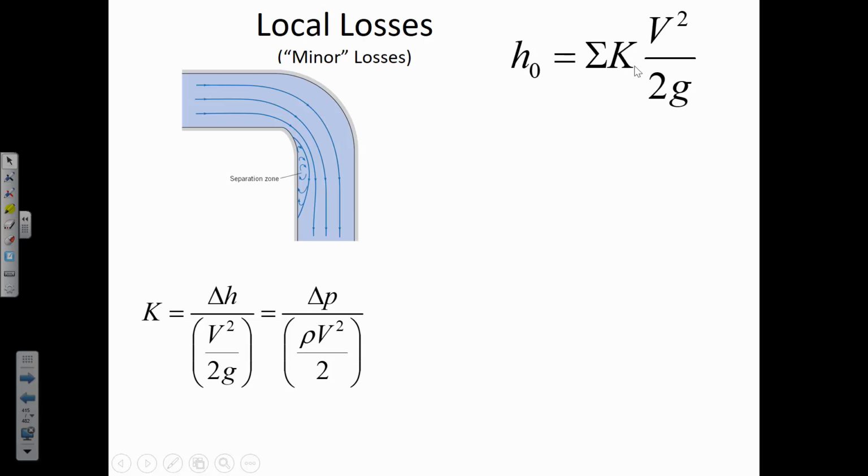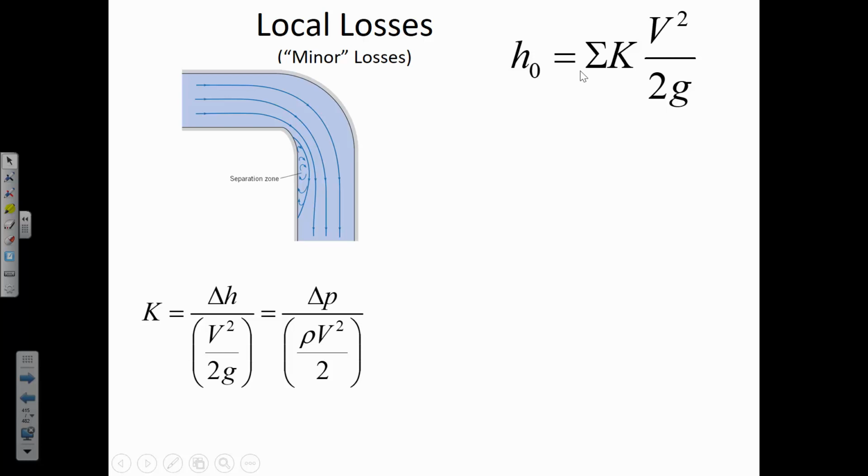Now, the way that you would apply a given K value to find the local losses is multiplying it by the velocity head. Now this summation is just saying that if you have a pipe network with lots of different fittings, you don't have to find the head loss of each one of them individually, but rather as long as each one of them has the same velocity, you just add up all of the K values between two locations and then multiply the sum of the K values by the velocity head.